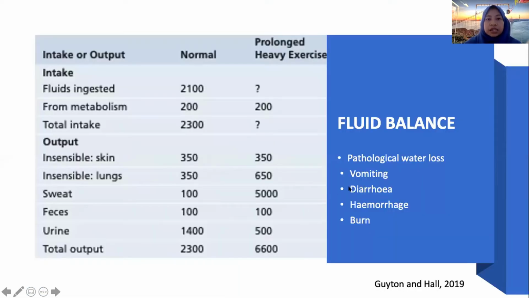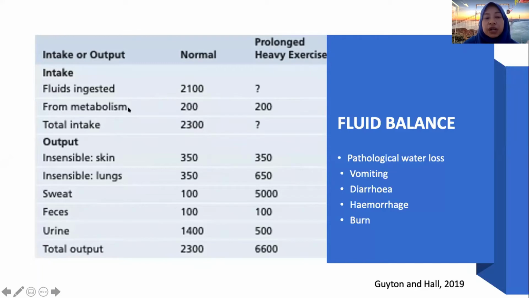Right. So roughly, in a normal healthy person, the total intake will be equal to the total output of the water itself. Usually, you will have a total water intake of about 2,300 ml, in which most of it will come from your oral fluid intake.